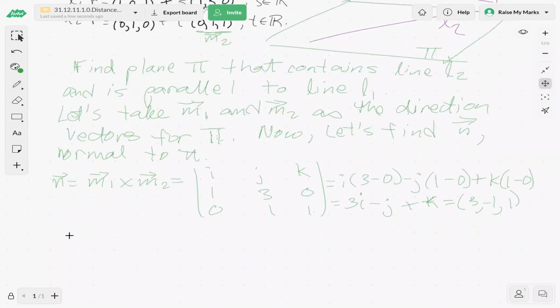our plane pi equals 3x minus y plus z plus d equals 0. We need to figure out this constant d.